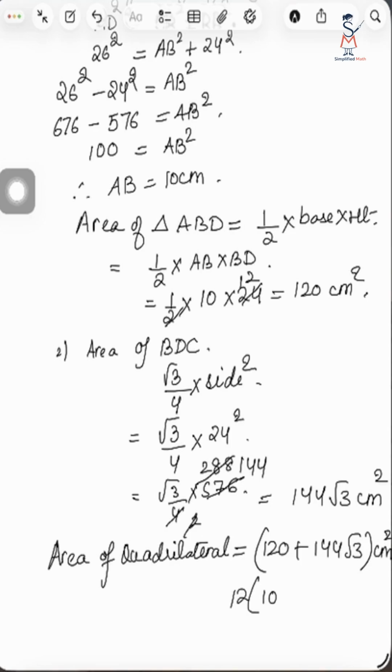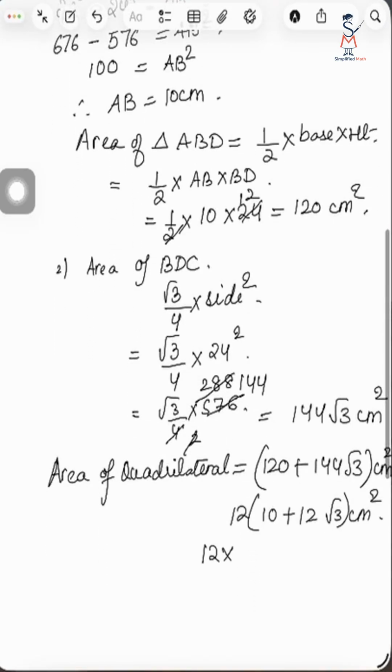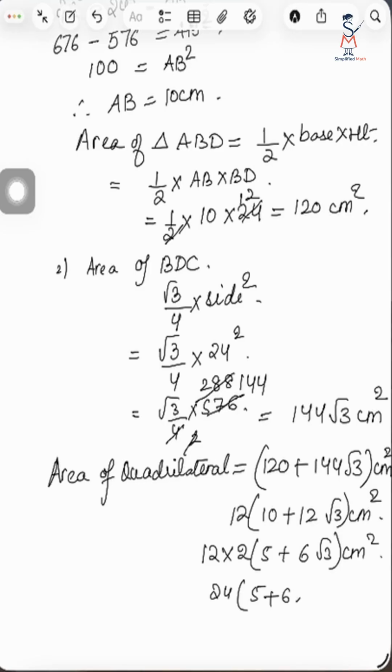What are you left with? 10 plus 12 root 3 centimeter square. Again you can take common, that is 2 you can take common. 5 plus 6 root 3 centimeter square. Fine, that is 24 times 5 plus 6 root 3 centimeter square.